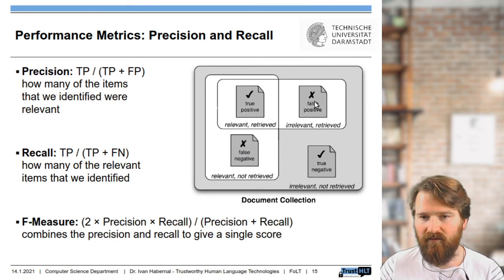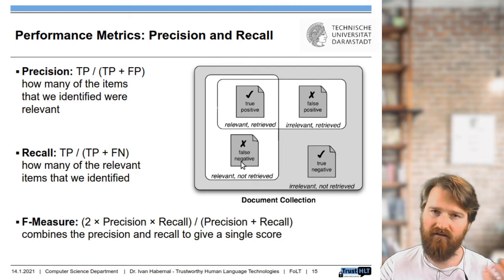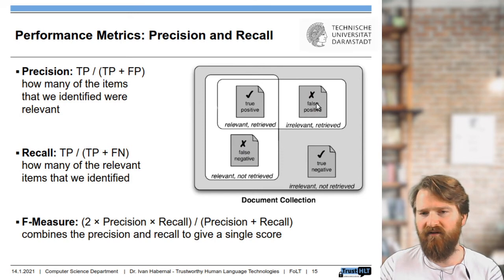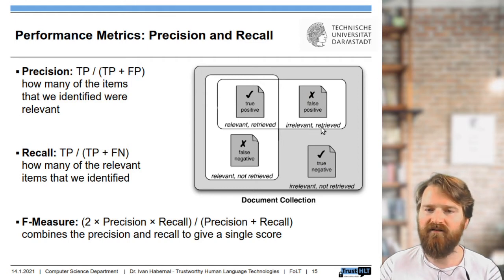Then we have two other classes which are also important, depending on the distribution of the data. A false positive means that the document was actually irrelevant, but our system falsely predicted it as positive and retrieved it, and it's wrong.